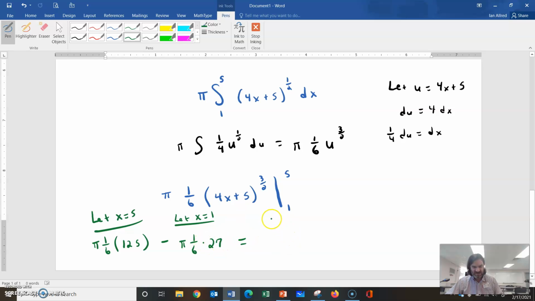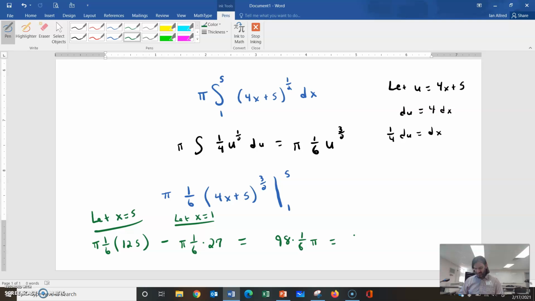So let's see what we've got here. We've got 125 minus 27, so that's 98 times 1/6 times pi. So 98 divided by 6, is that anything? Not a nice number.